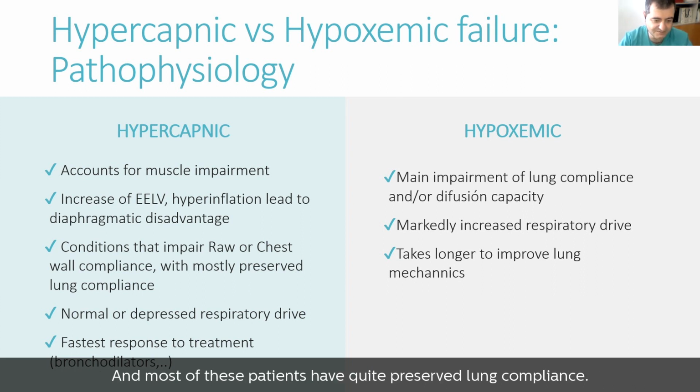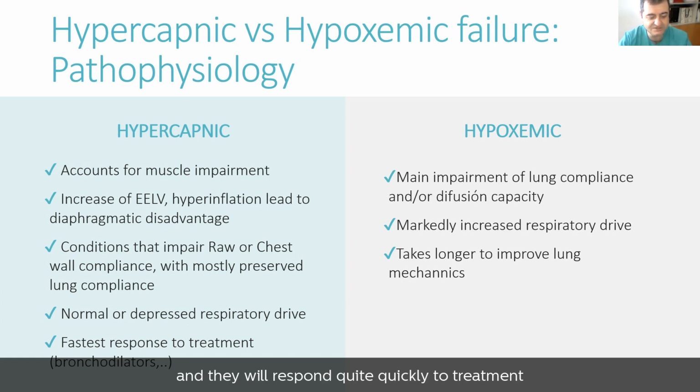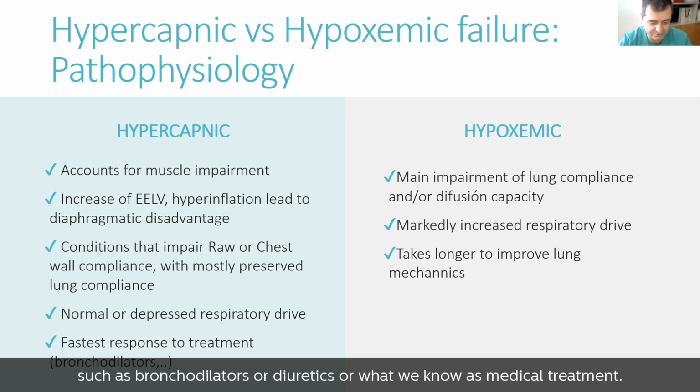And most of these patients have quite preserved lung compliance. They usually have normal or depressed respiratory drive, and they will respond quite quickly to treatments such as bronchodilators or diuretics, or what we know as medical treatment.